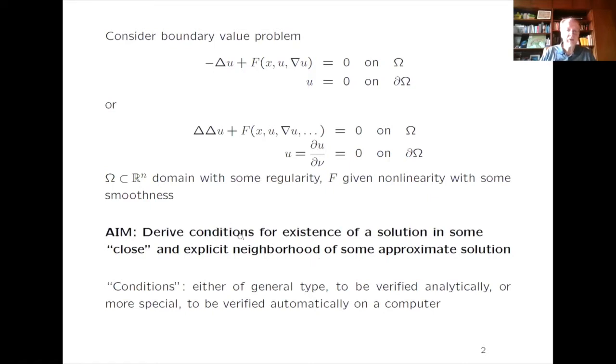So the conditions I'm talking about here are either of general type, for example, the smoothness and regularity assumptions on the nonlinearity F, or the regularity on the domain, to be verified analytically, and more special conditions to be verified automatically on the computer, which is a certain set of inequalities which have to be verified.